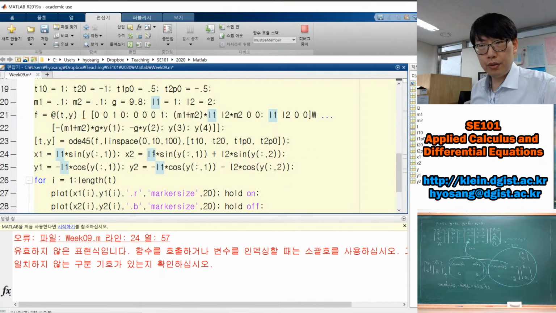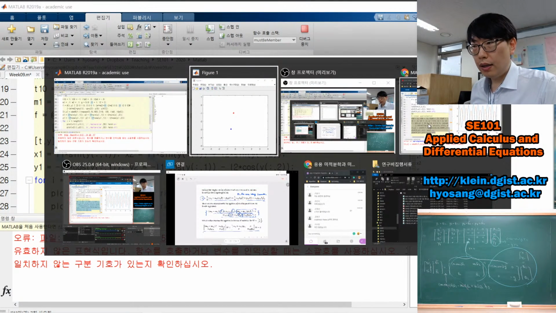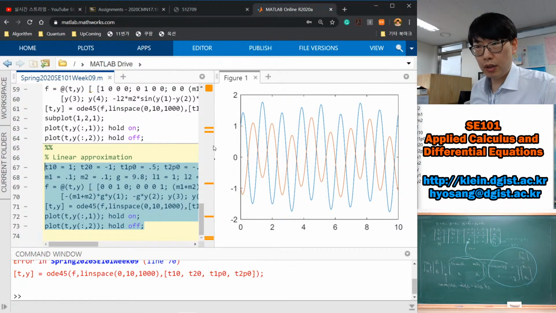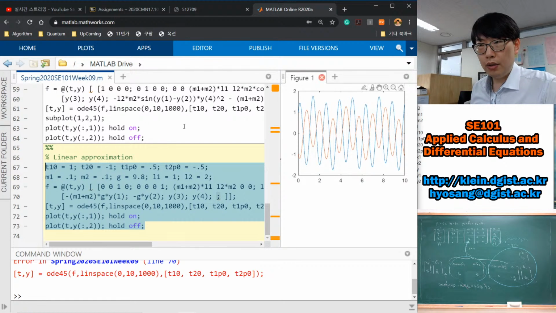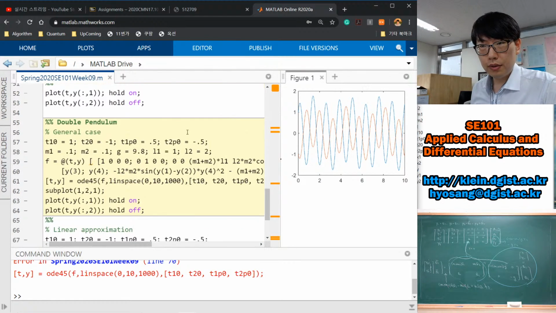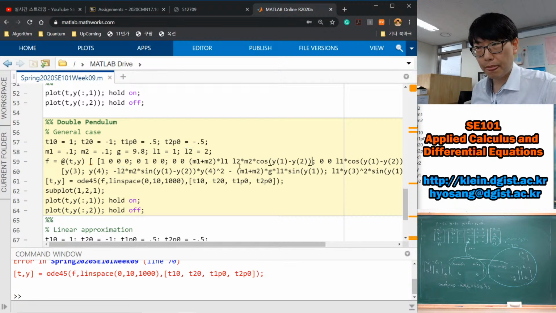So if you want to use the actual Lagrange equation, okay, one. In this equation, I did not use the matrix multiplication.